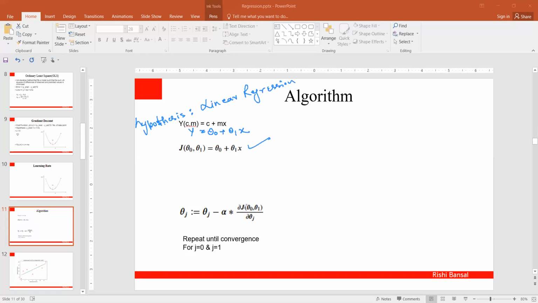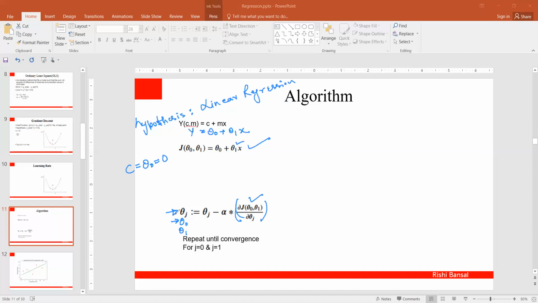Now, the same way, we differentiate and try to find this theta j. Theta j is nothing but your theta 0 and theta 1, two different thetas. In our previous discussion, when we tried to understand, we made c, or theta 0, equal to 0, and m was nothing but theta 1.